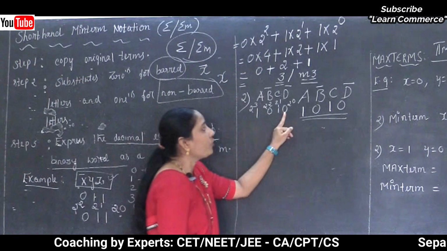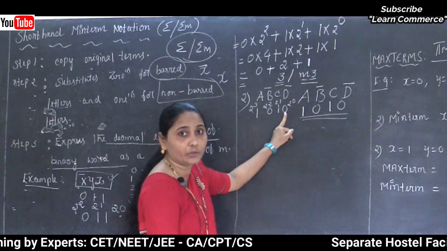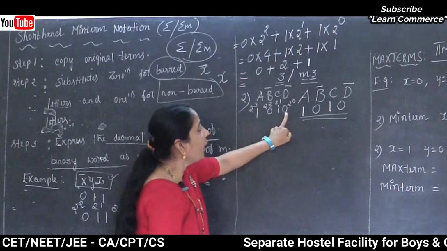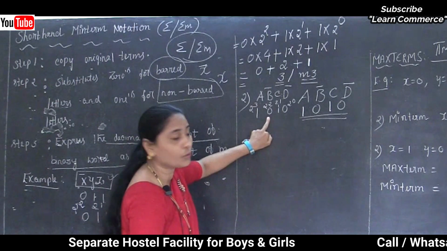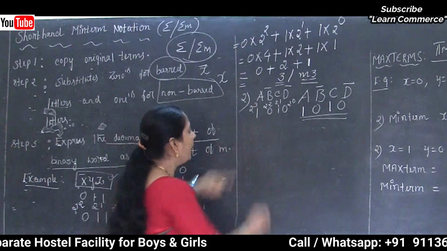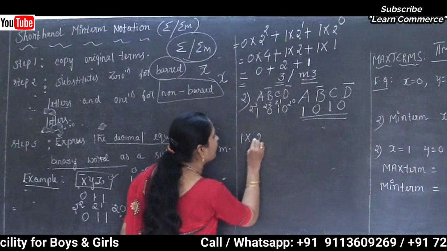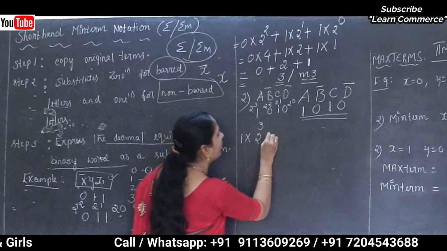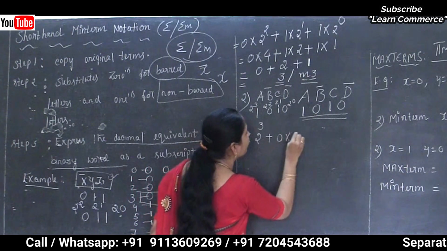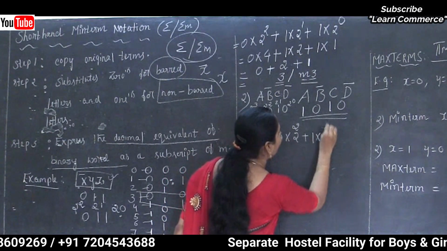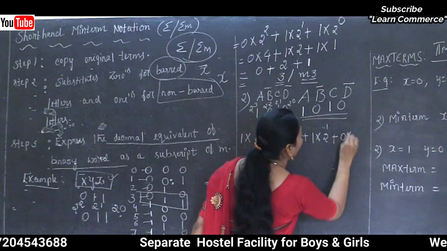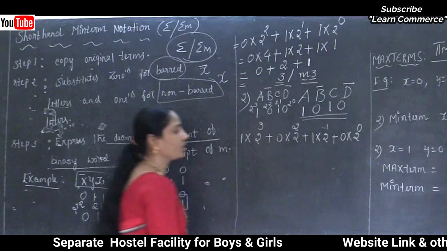First of all I am going to start from our right side: 2 to the power of 0, 2 to the power of 1, 2 to the power of 2 and 2 to the power of 3. Now the multiplication: 1 into 2 to the power of 3 plus 0 into 2 to the power of 2 plus 1 into 2 to the power of 1 and 0 into 2 to the power of 0.